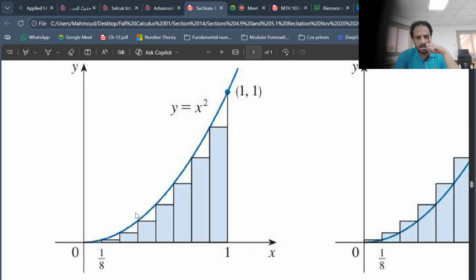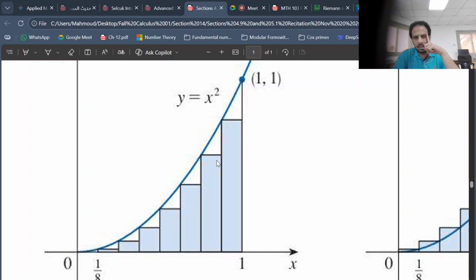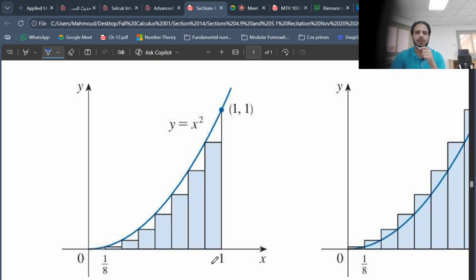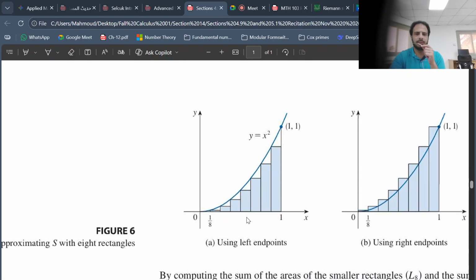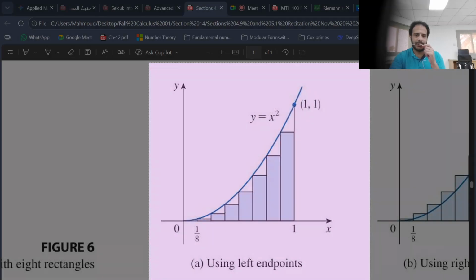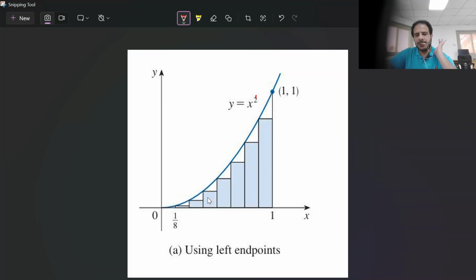Good. Yes. Here we are using left endpoints. Left endpoints means, what happened here? I will show you now. Why is it left endpoints?